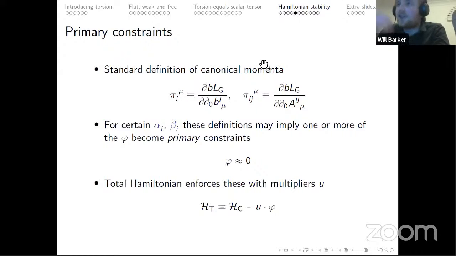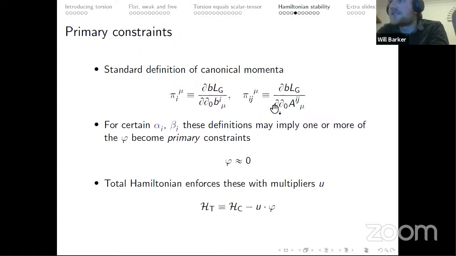So in defining what the momentum is of the theory, the canonical description of momentum in the Hamiltonian picture is to say, well, momentum is going to be partial Lagrangian by partial velocity of your fields.